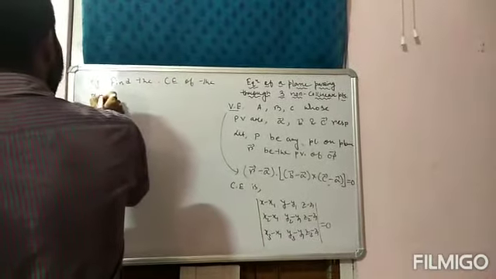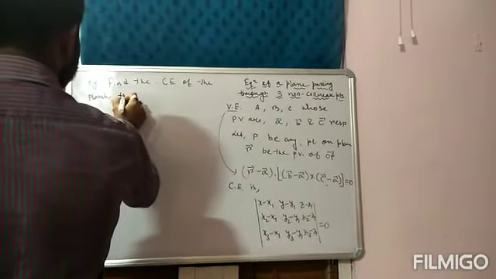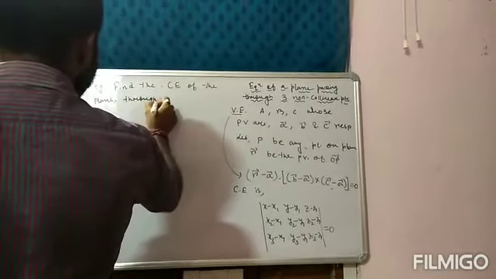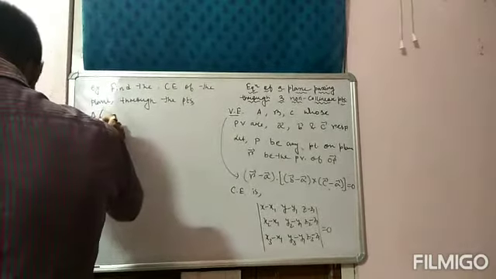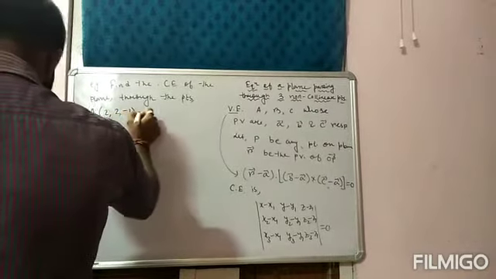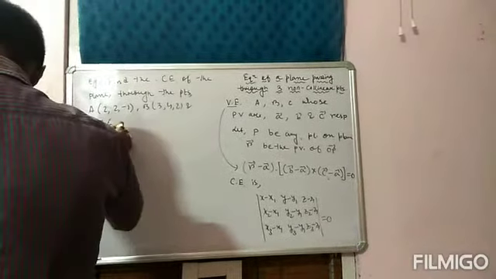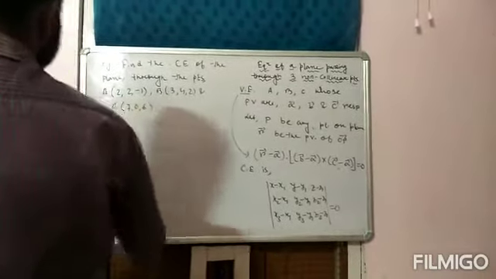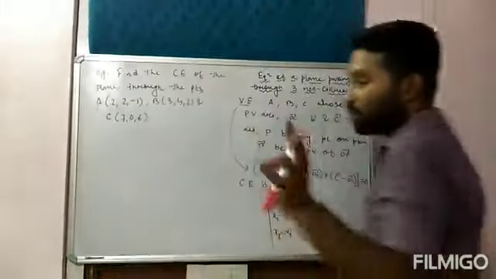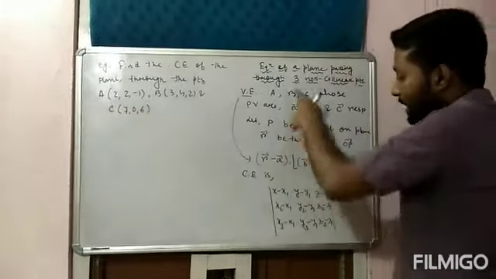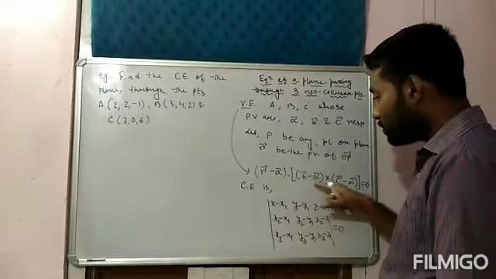Find the Cartesian equation of the plane passing through the points A(2, 2, minus 1), B(3, 4, 2), and C(7, 0, 6). You are asked to find the Cartesian equation of the plane passing through 3 points. Since 3 points are given, we have to use this formula only. Cartesian means we have to use this formula, no need to use the vector formula.